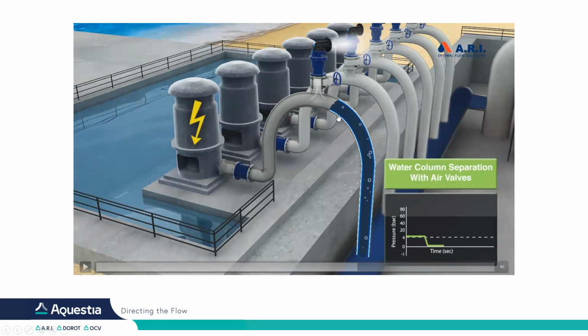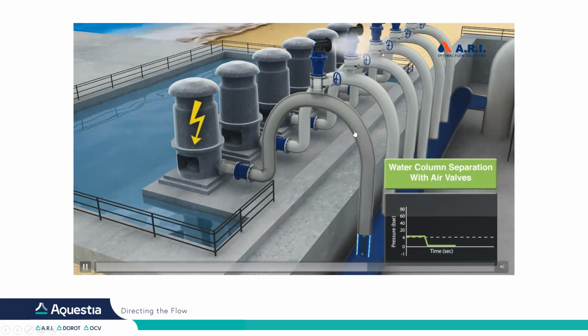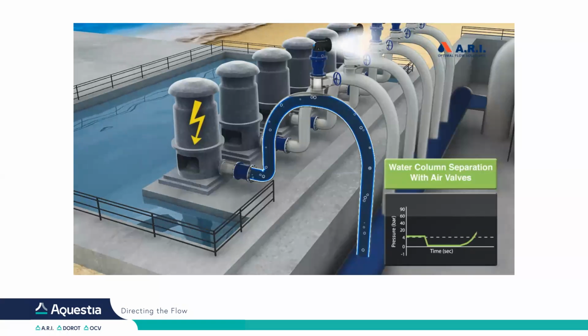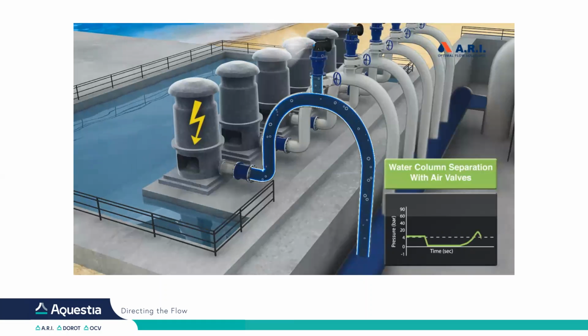When you have the water column separation and you want to avoid that downsurge, the air is being admitted through the air valve to eliminate that downsurge. And when the water column returns, the air goes out slowly from the non-slam device, and you don't have that high spike of pressure. And soon I will explain what is a water column separation, how this collapse occurs and how we can avoid that.